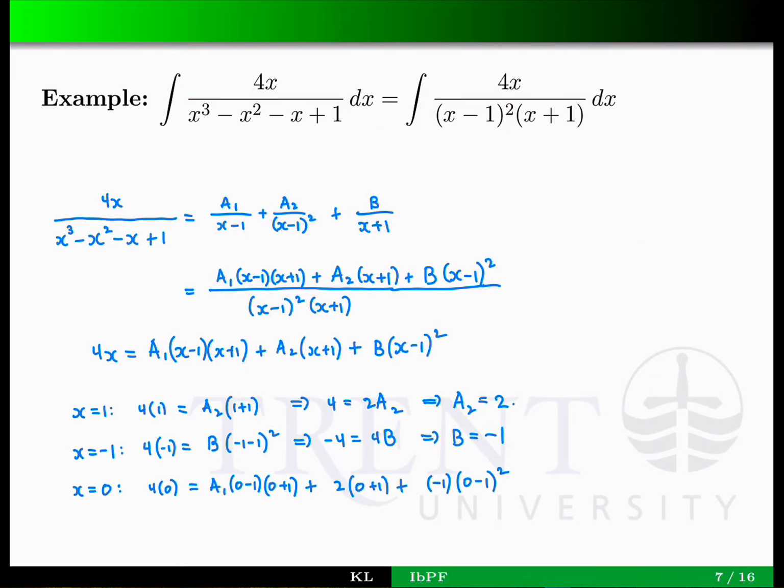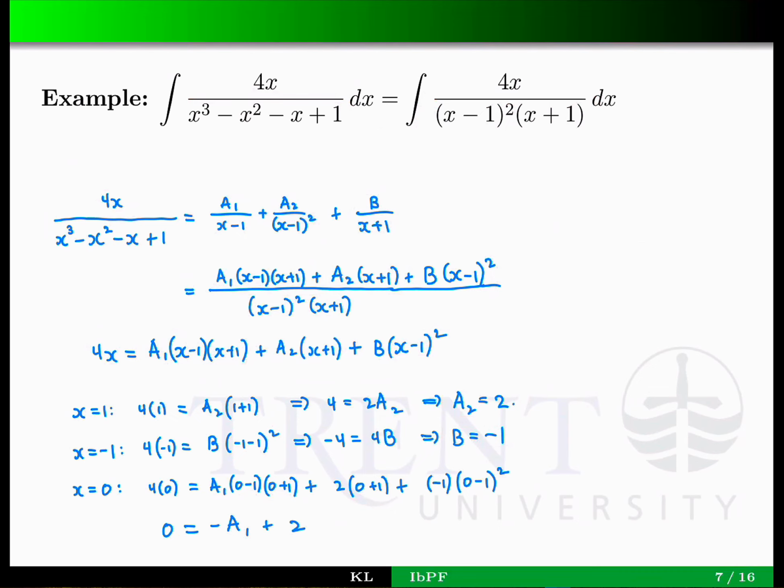So we can solve for a1. This is just a simple linear equation. Left-hand side is equal to 0. Right-hand side, we have here minus 1 times 1, that's minus 1. So we will have minus a1 plus 2 times 1, that's equal to 2.